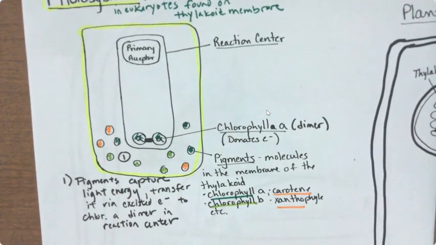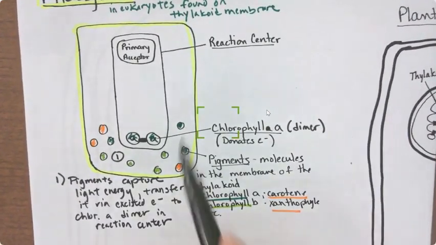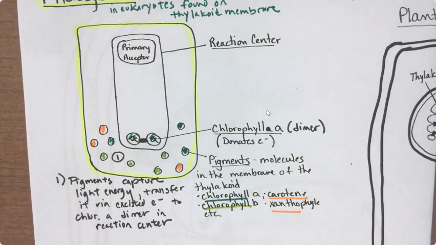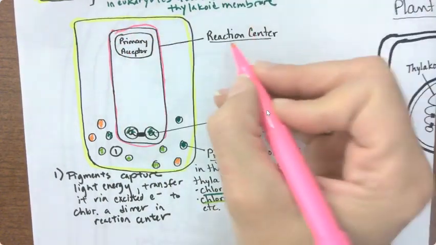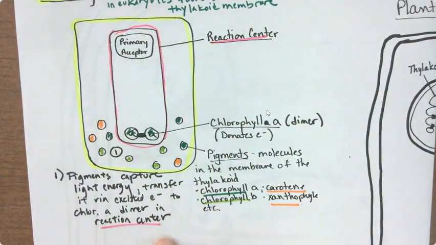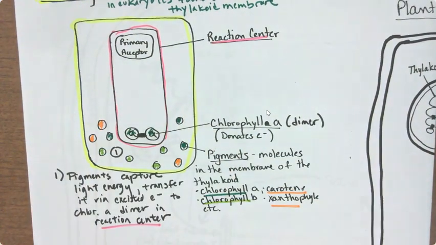Okay, so within a photosystem, you have an area called the reaction center. This whole area in the center of the photosystem is the reaction center. Surrounding it are all of these other pigments that are capturing energy from the sun.